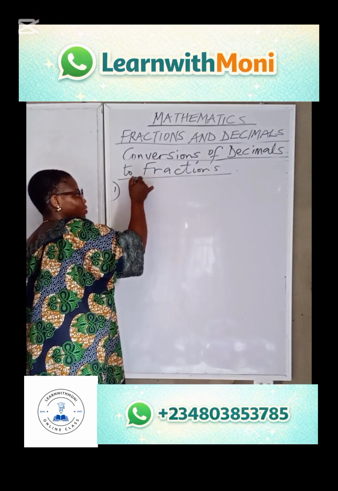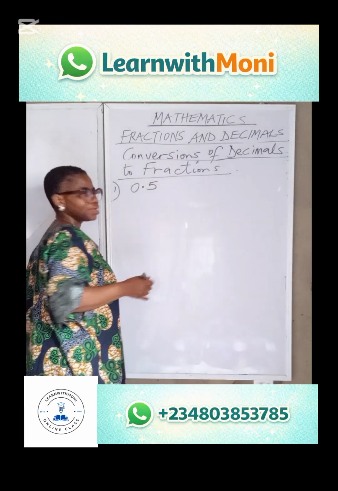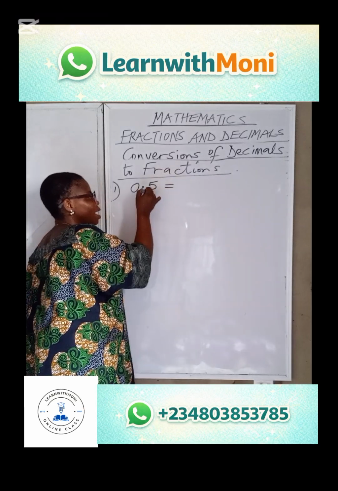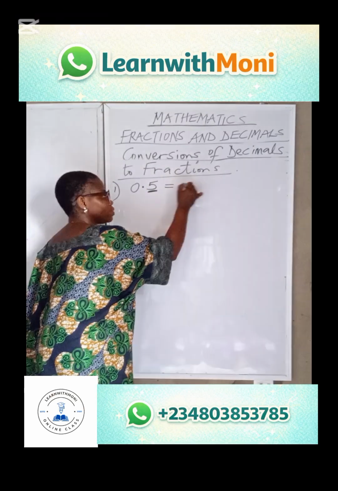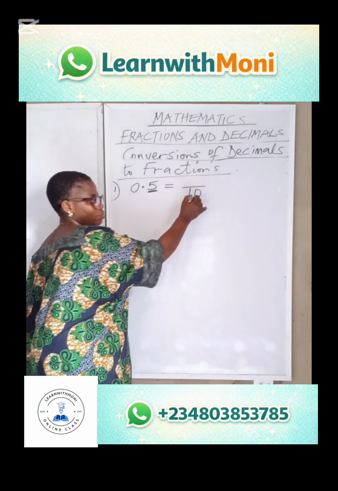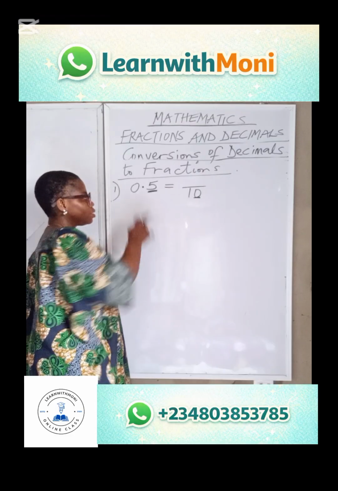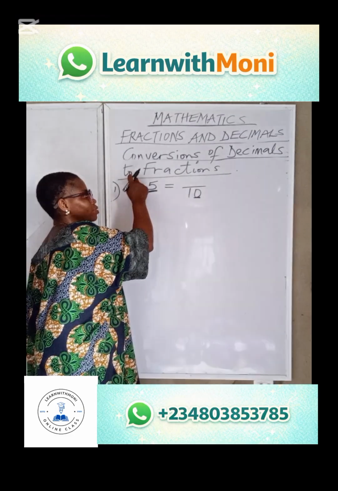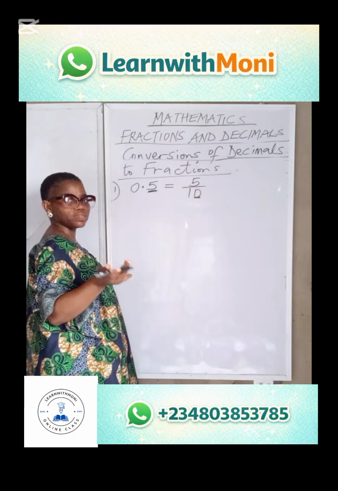Let me start with 0.5. What this means is having only 1 digit at the back of my decimal point means it is over 10. Only 1 digit, only 1 zero. What over 10? 0.5, which is 5. That is 5 over 10.